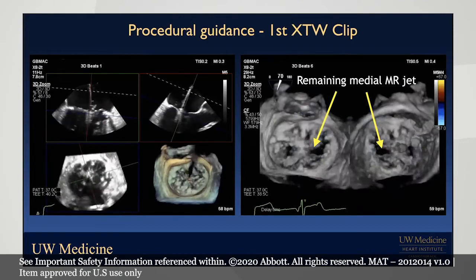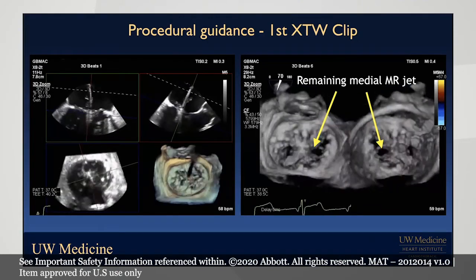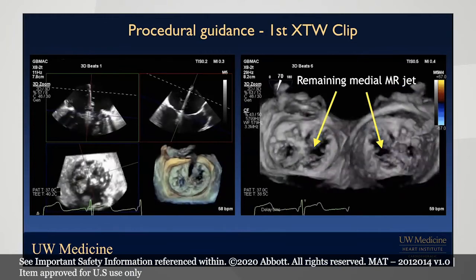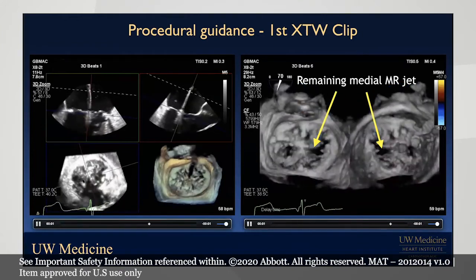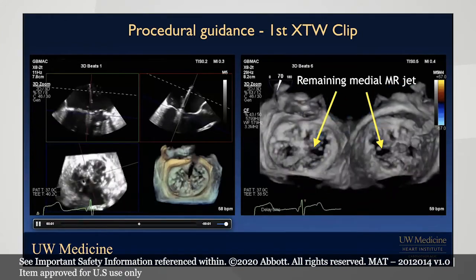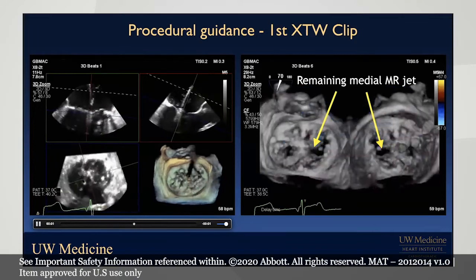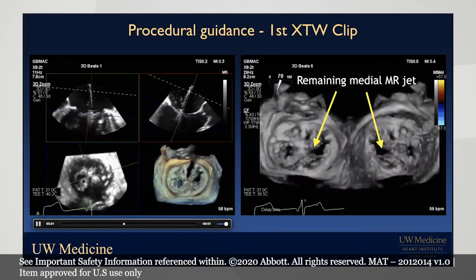The left side image shows quite convincingly that with the first XTW grasp, where the clip is still associated with the delivery system, we can already identify in the short axis on the left lower, as I'm pointing out here, basically a creation of a figure 8 as we have both leaflets solidly in the clip that is now closed.